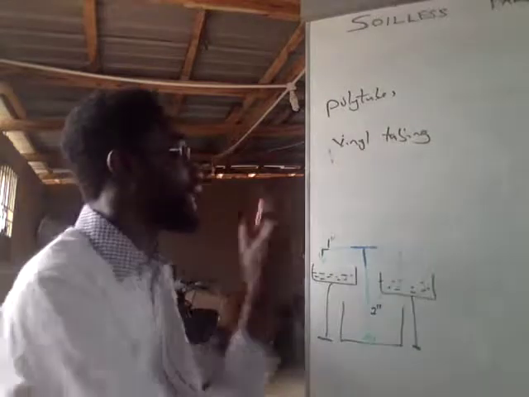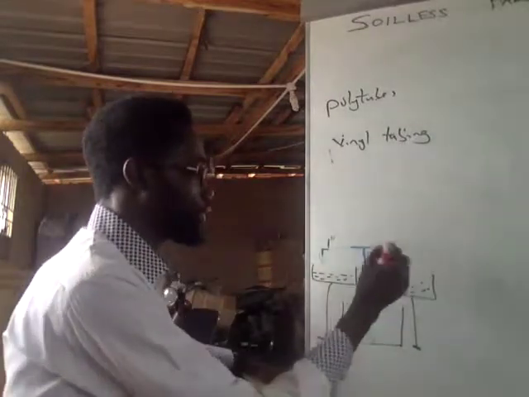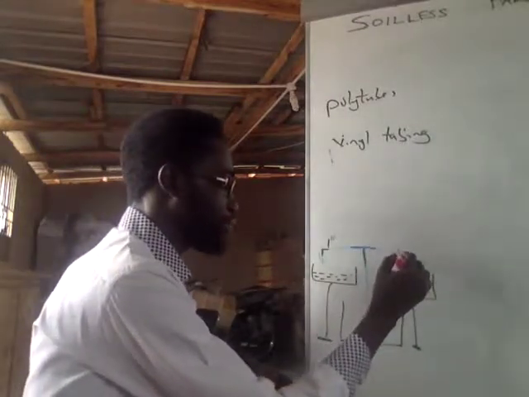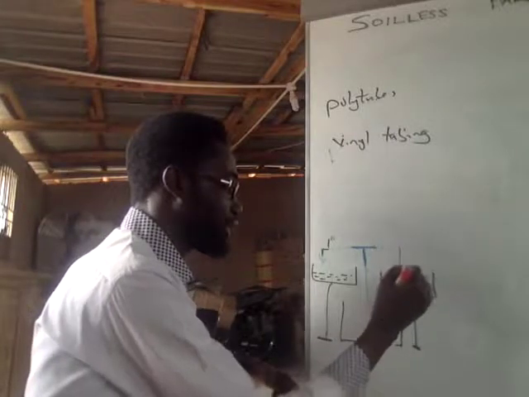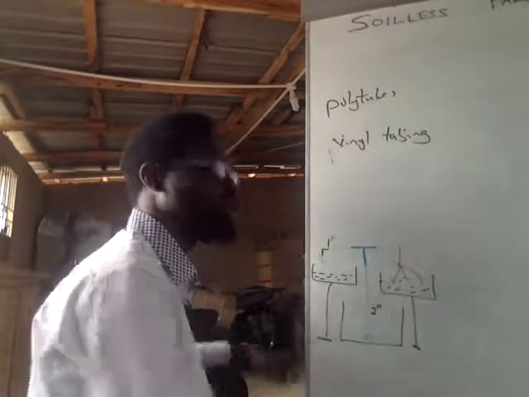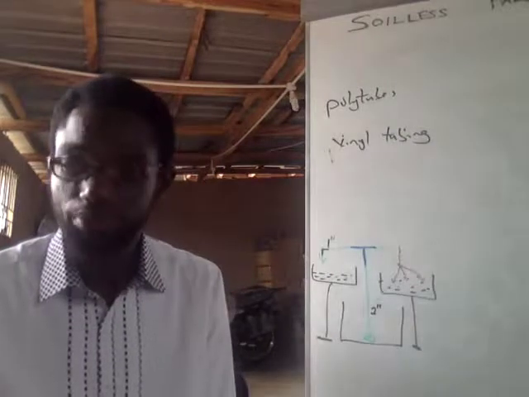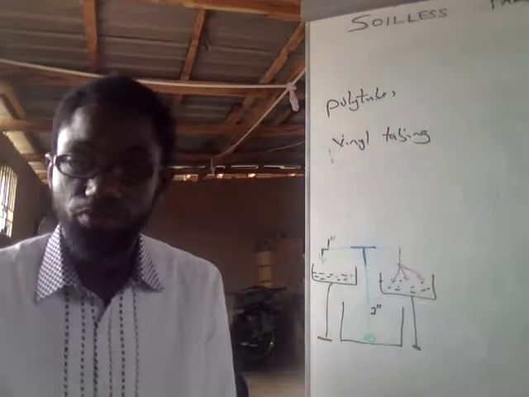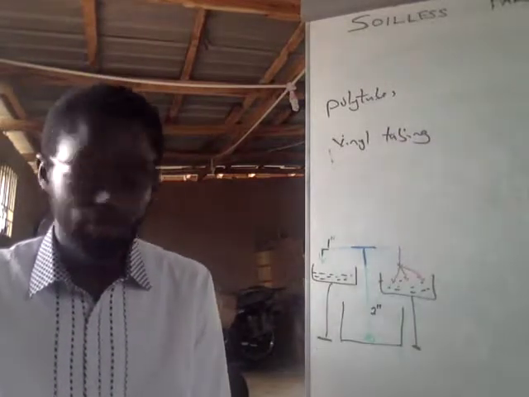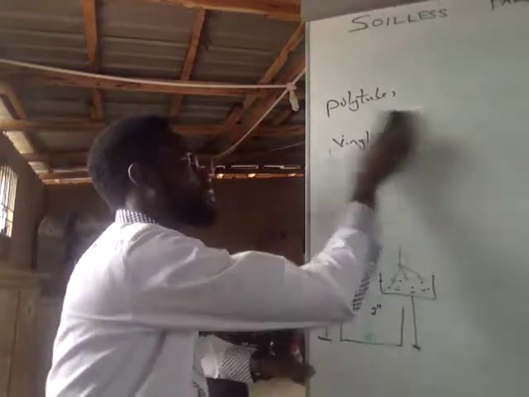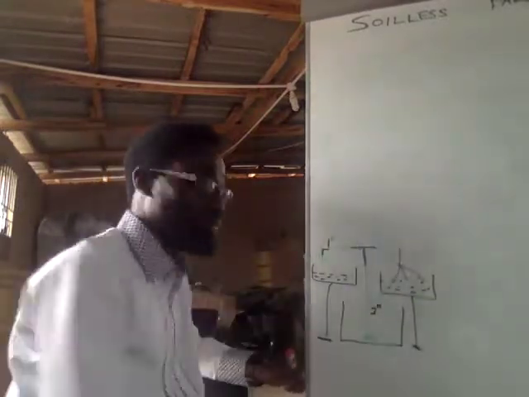So the vinyl tubing are really, really tiny, which means you can have the vinyl tubing bringing the water down very slowly to flood that. Then next we have, let's go to the other part, which is the fish tank. So we've talked about the PVC pipe to the plant.